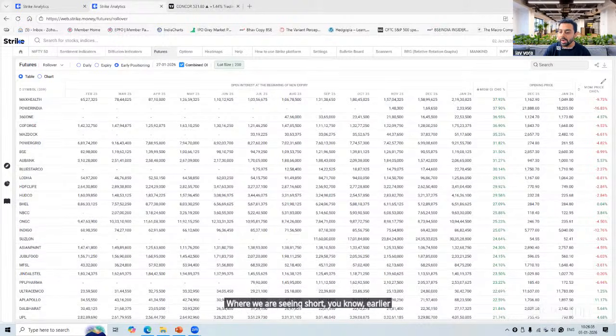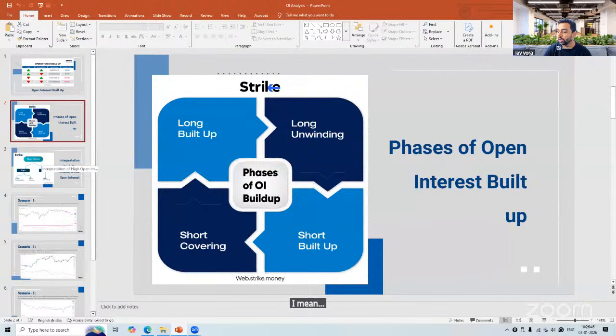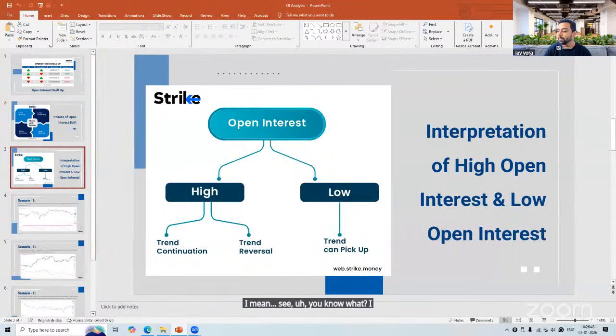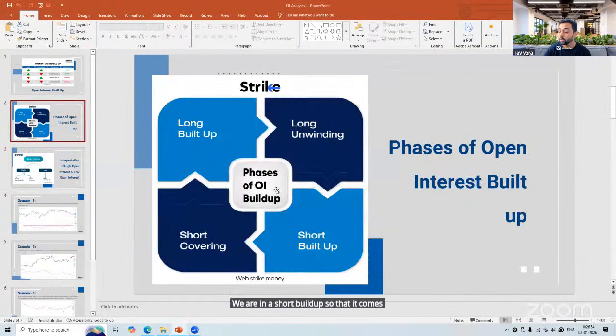Earlier I had refrained from giving an interpretation because of this part. See, what I usually recommend people is to find a phase where we are in a short build up so that it comes on your radar for your short covering.